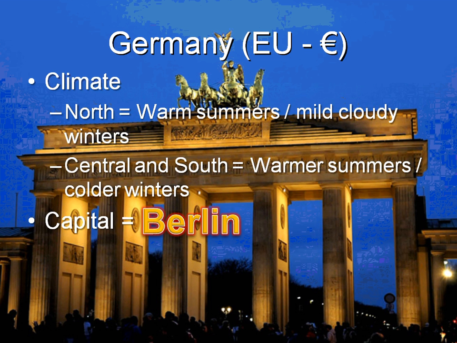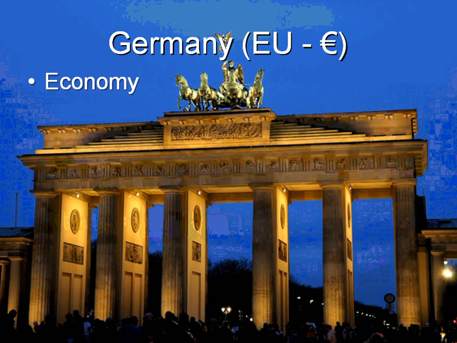Physical geography. Any questions so far? Okay. Let's take a look then at the economy. Just like France, the German economy is based on M, A, and S. Who can give me the M? Give me an M. Manufacturing, good.